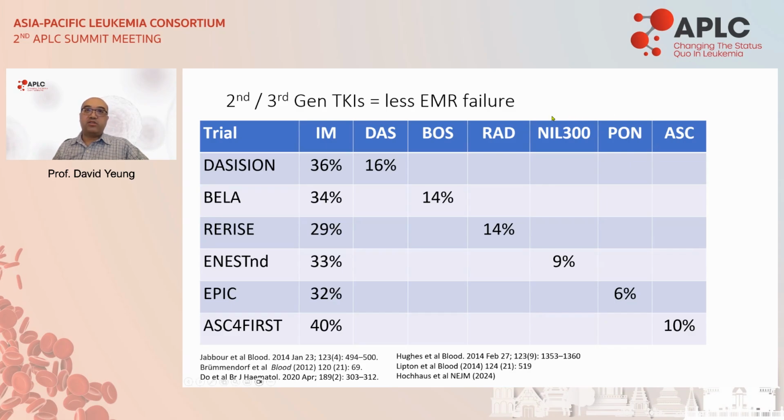And in that trial, 40% of patients on imatinib failed to achieve the early molecular response compared to only 10% in the asciminib arm. Again, suggesting that asciminib is quite potent for frontline therapy.